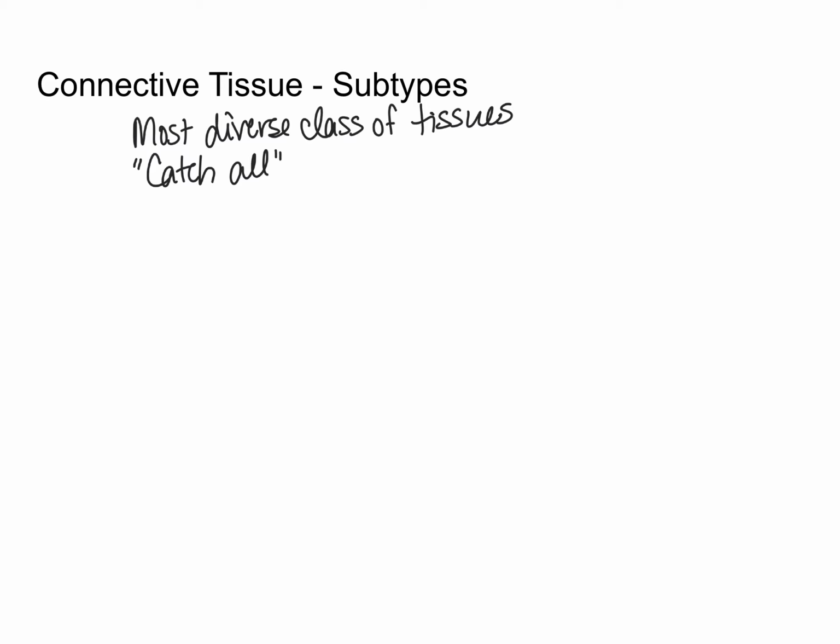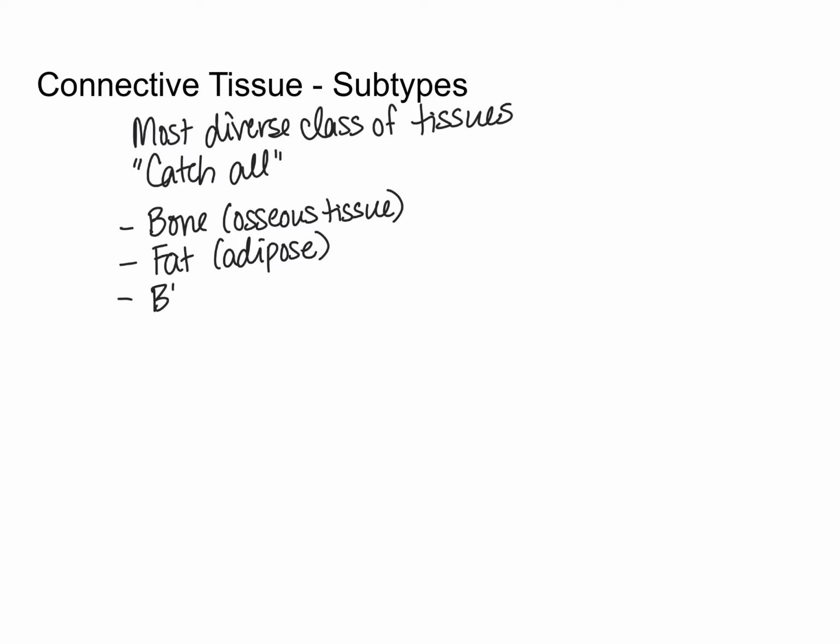And so examples of subtypes of connective tissue include things like your bone tissue, which is also called osseous tissue, your fat, which is also called adipose tissue. The blood is a type of connective tissue. Cartilage is a type of connective tissue. And there are also some types of connective tissue that are just called fibrous connective tissue.